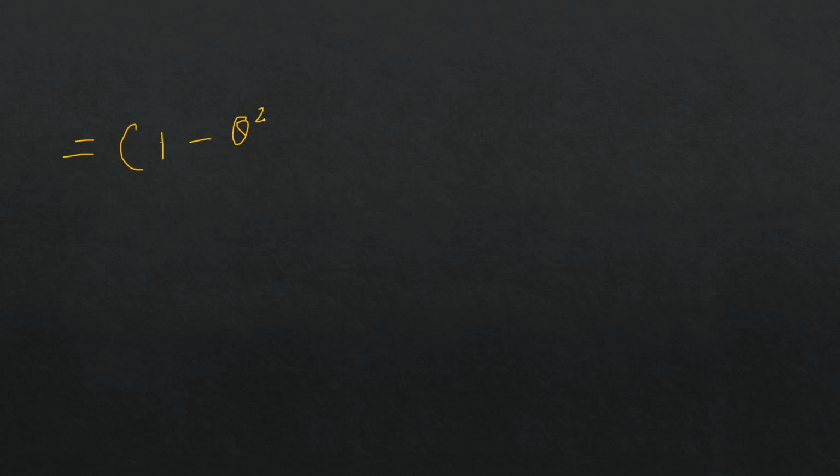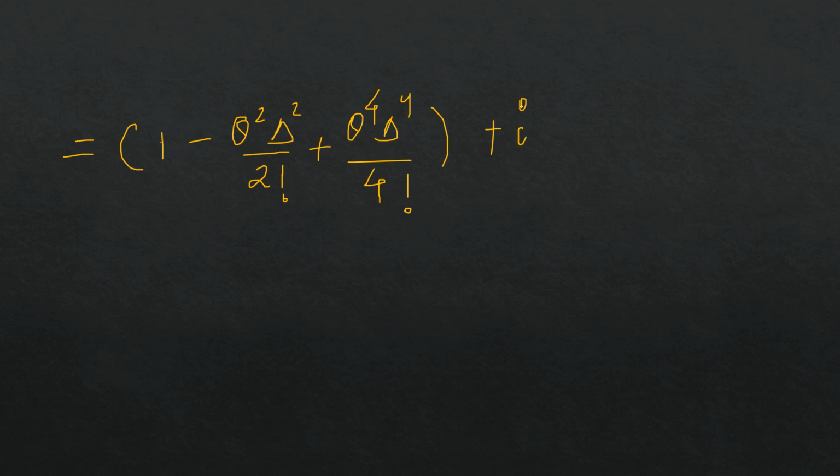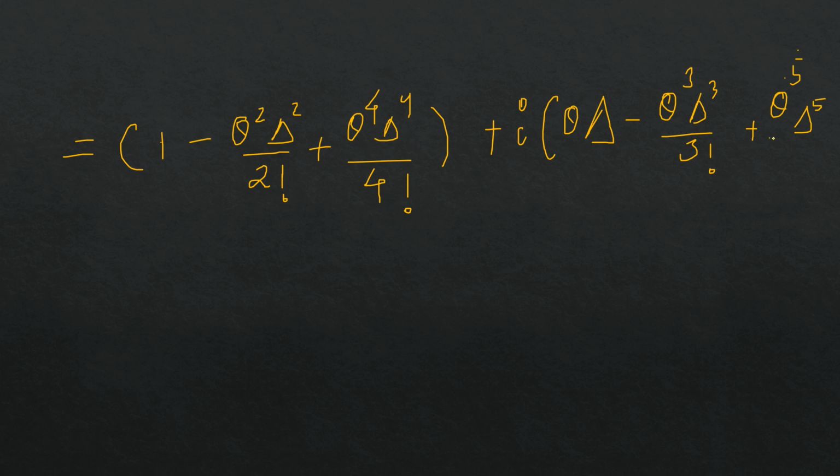Like this is 1 minus theta square delta square by 2 factorial plus theta fourth delta fourth by 4 factorial, plus i whole into the odd powers terms: theta delta minus theta cube delta cube by 3 factorial, plus theta 5 delta 5 by 5 factorial. Okay, so this will go on and on.